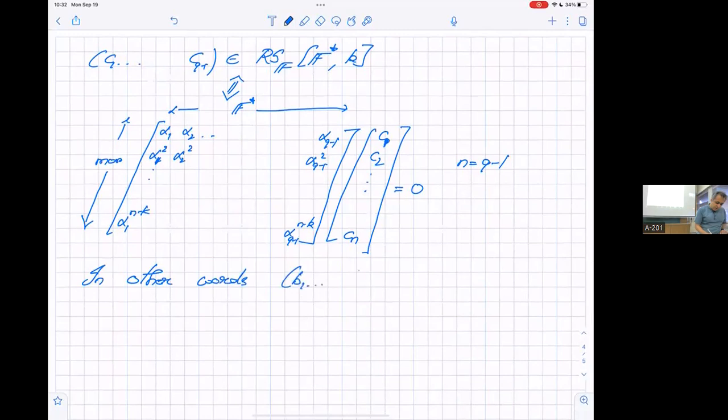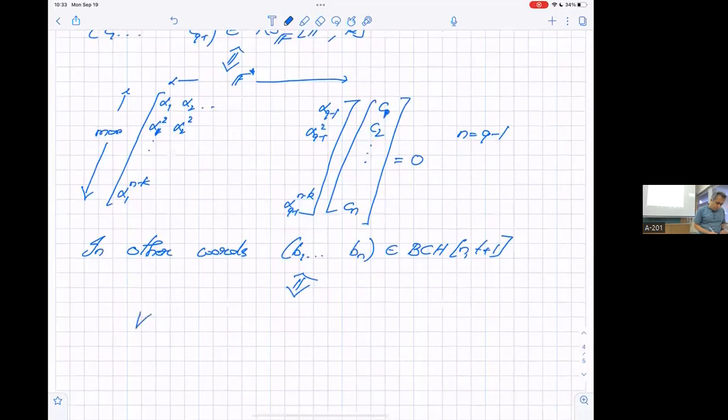So in other words, B1, B2, Bn belongs to BCH n, t plus 1 if and only if for all 1 less than or equal to j less than or equal to 2t, we have the summation of bi alpha i to the power j equal to 0.